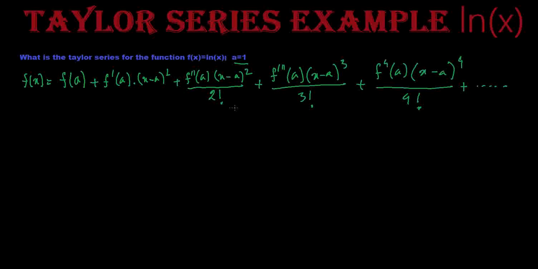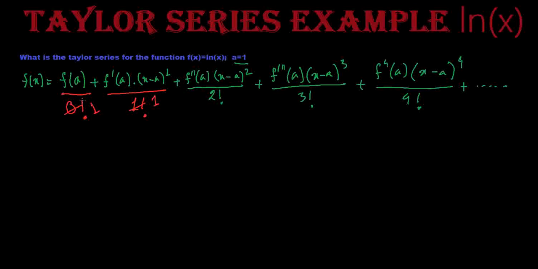So the factorial is increasing by 1, and also for the sake of understanding, we also can write here 0 factorial divided by 1 factorial. So this is divided by 0 factorial, divided by 1 factorial, because 0 factorial we know is always equal to 1 and 1 factorial is always equal to 1 too.